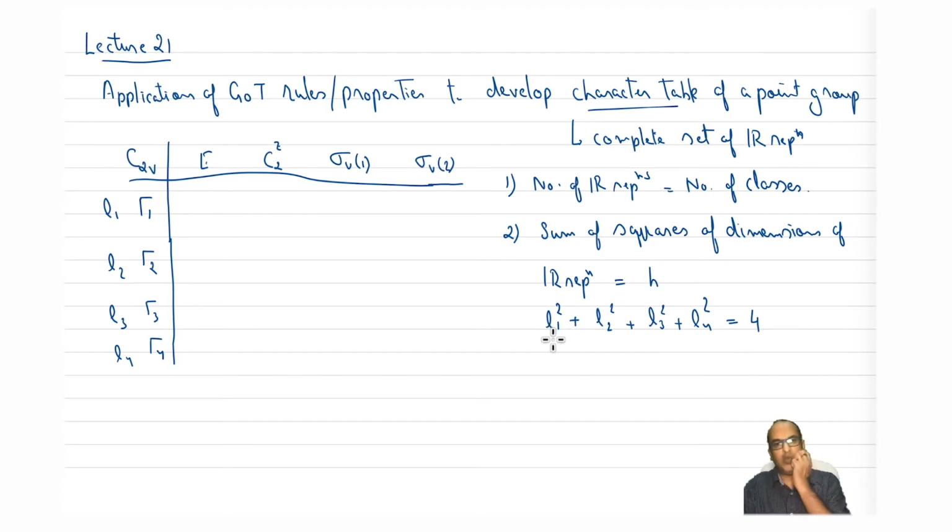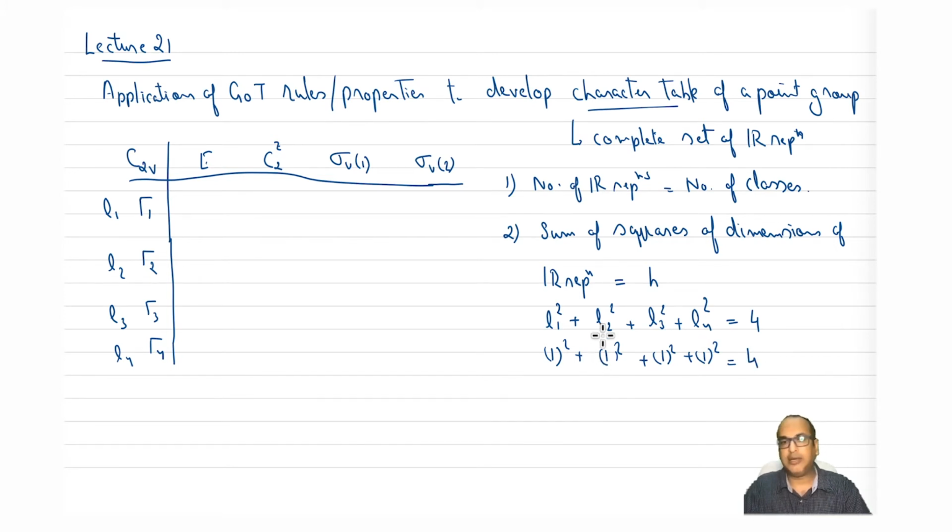Now, what are the possible solutions for this? We have to use hit and trial. There are 4 variables and only 1 equation, so there is no other way to solve but by hit and trial. So what does the hit and trial say? The only possible solution is 1 square plus 1 square plus 1 square plus 1 square, right?